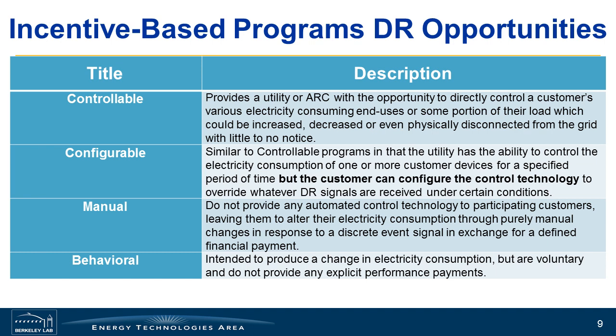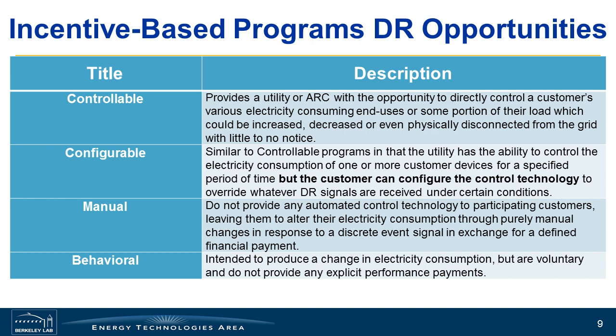So we first defined controllable as a type of DR opportunity where the utility or an aggregator, and even in some cases an ISO or RTO, independent system operator, regional transmission operator, have the ability to directly control a customer's end use in their electricity consuming devices. It can be increased, it can be decreased, and it's usually done with little or no notice. So this is a fully automated type program.